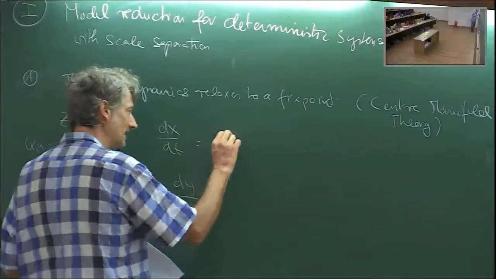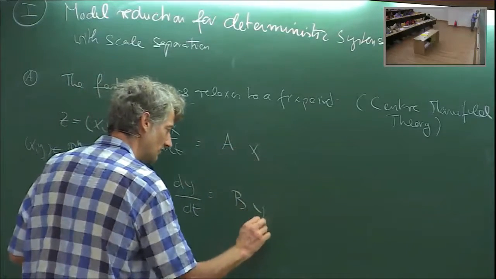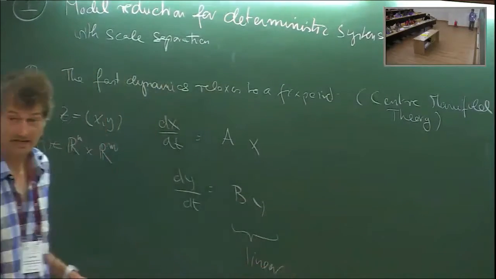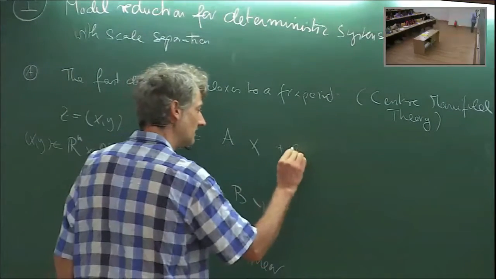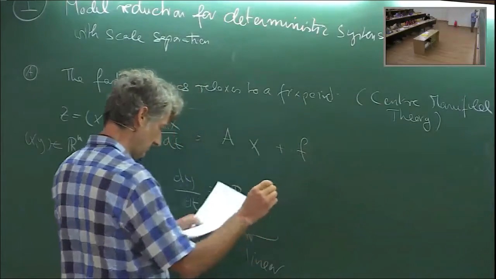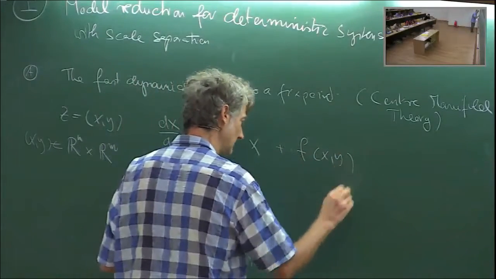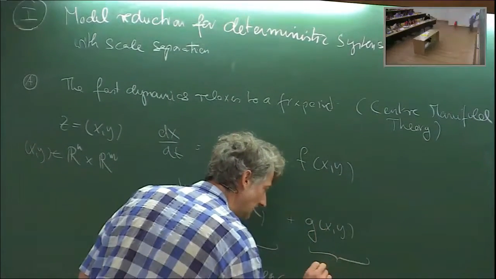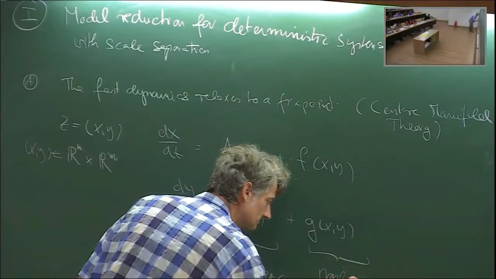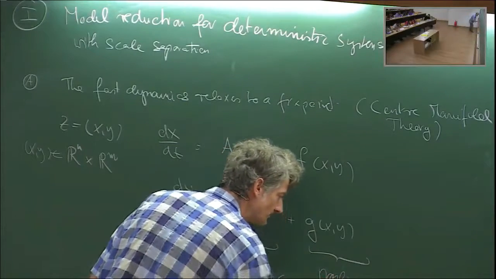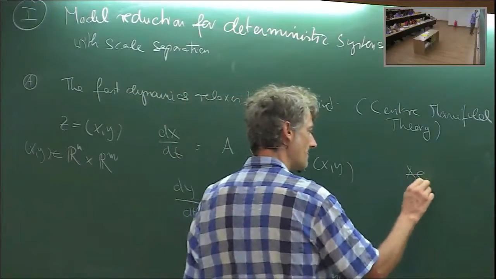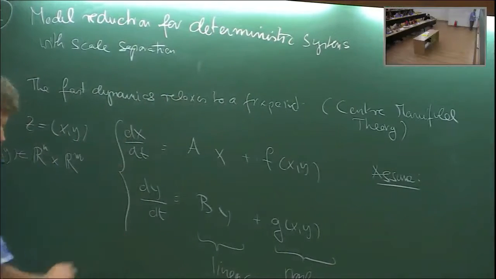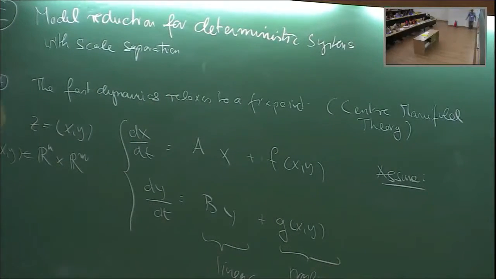We have an entirely linear part for both of them, and then we have some nonlinear terms, f(x, y) plus g(x, y), and these are entirely nonlinear. And let's assume that this system has a fixed point at 0. Okay?